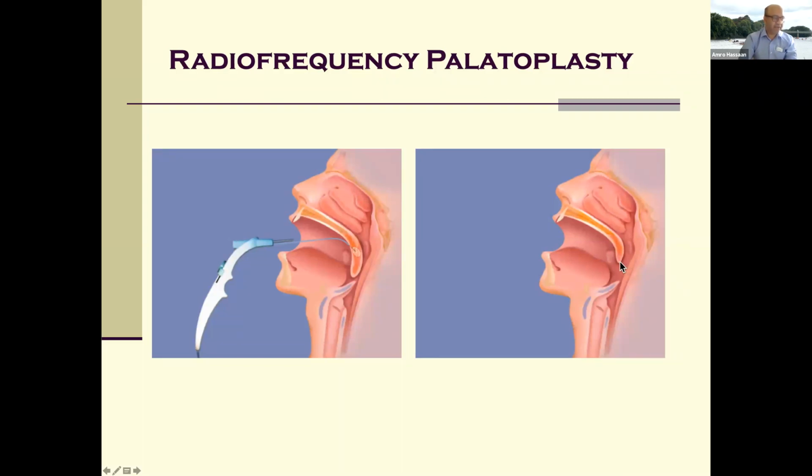Remember Bernoulli and Poiseuille: with this long soft palate and this narrowness here, you're getting both of those laws coming in, causing restricted flow and increased collapsibility. By putting the radiofrequency into it, you cause it to flutter less and to shrink, and hopefully give you a better airway.